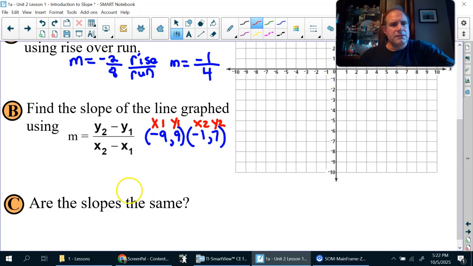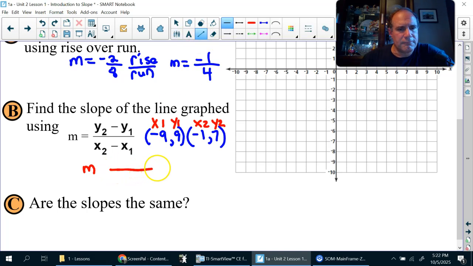Down further, we are going to substitute in, we're going to put that line down. Equals. And then we're going to put the minus signs in right away. y2 is 7 and y1 is 9. x2 is -1 and x1 is -9.